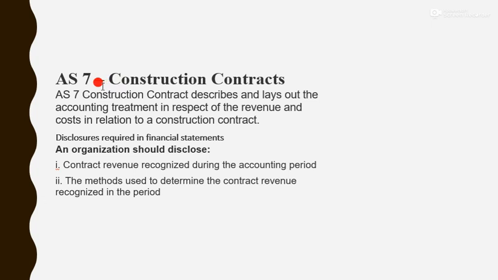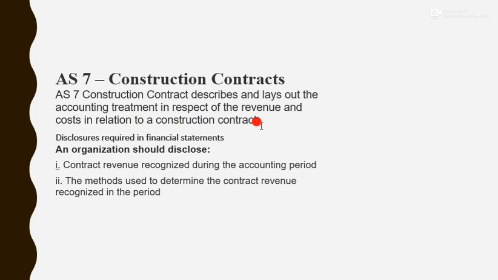Under this accounting standard AS7, construction contract describes and lays out the accounting treatment in respect of the revenue and cost in relation to a construction contract.